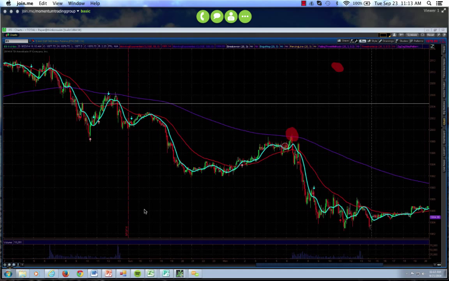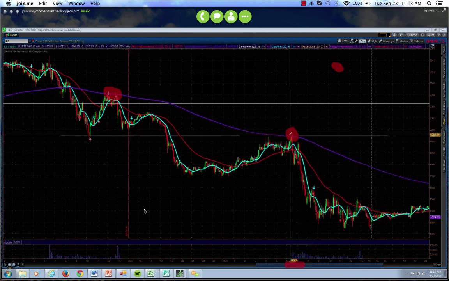Right through here, see how it came up and hit its head? Right through here, came up and hit its head. So you guys can see that when it's up into these zones, those are great areas to take it short.